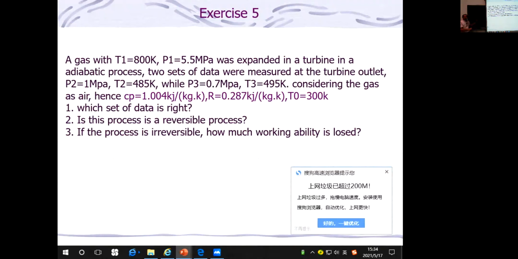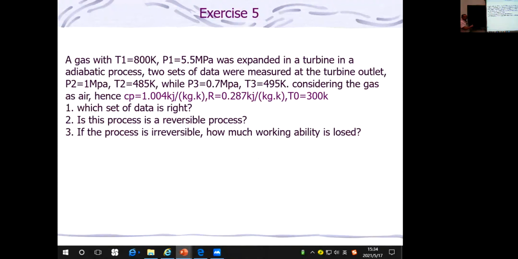I hope you can remember this one. So S2 minus S1 is equal to Cp ln T2 over T1 minus R ln P2 over P1. Sorry, I forgot it also, but I need to get help from the book.